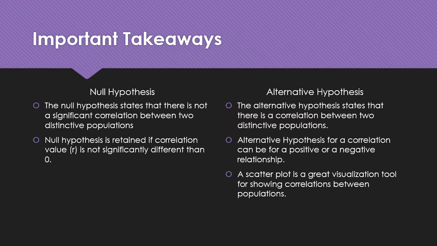Even though we did not have any negative correlations in the tests that we did, the alternative hypothesis for a correlation can be a positive or negative relationship, and a scatter plot is a great visualization tool for showing correlations between populations. Of course, if we had a scatter plot on something that had no significant correlation, you would just see points all over the place. But for ones where the coefficient is closer to one or negative one, there is a big difference, as we saw earlier.